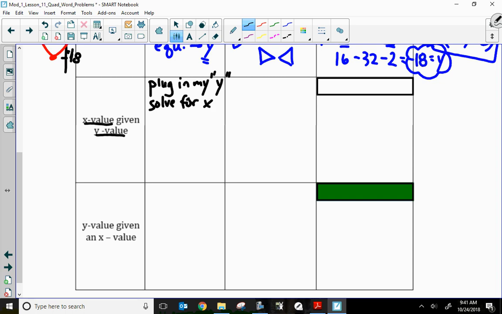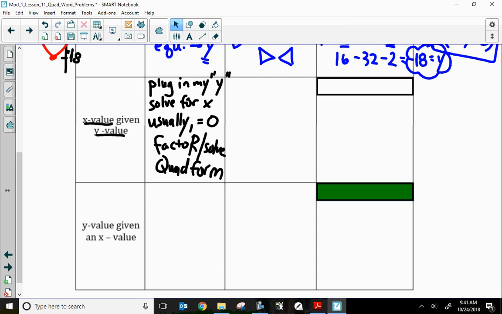That's it. I would plug in my y, then solve for my x. Usually, I make my equation, I set it equal to 0, which means I would factor first, and then solve, or maybe use a quadratic formula.